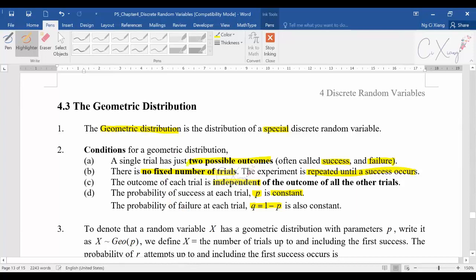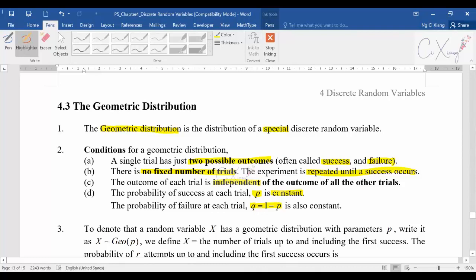So for the geometric distribution, the conditions are very similar to the binomial distribution. The only difference is that geometric doesn't have a fixed number of trials, and we are talking about the number of experiments that we try until a success occurs. The rest is more or less the same as binomial.